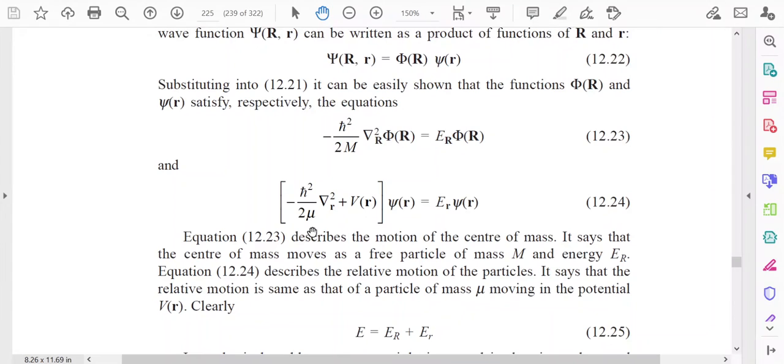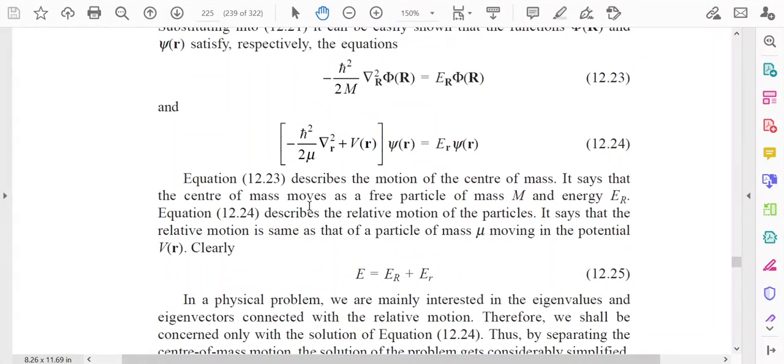And this equation describes the relative motion of the particles, because small r is involved here. It says that the relative motion is the same as that of a particle of mass μ moving in the potential V(r). So we can consider that a single particle of mass μ moves in a potential V(r). This is simply a Schrodinger equation describing the relative motion.